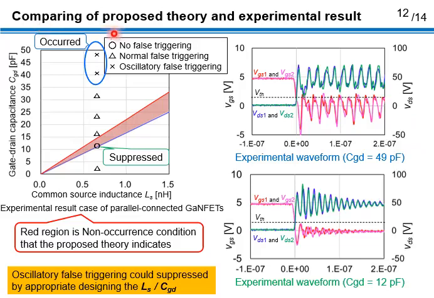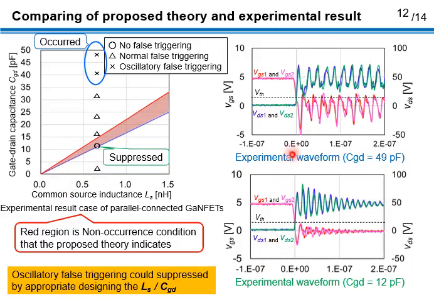First, we show a comparison between the proposed theory and the experimental results. The left-hand side shows the experimental results, LS versus CGD. The red region is the suppression range of oscillatory false triggering, shown by the proposed theory. Also, the theoretical and experimental non-occurrence regions were consistent with each other. The right-hand side shows the waveforms under two conditions.